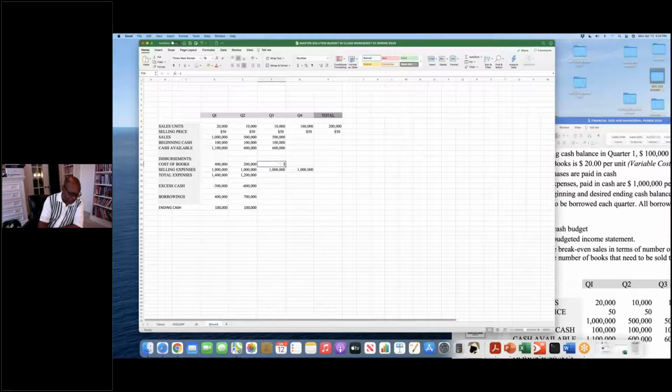Same thing. $20 each, so that'd be 200,000. So we're down the same thing. So how much we got to borrow now? 700,000 still. So we can get 100,000.